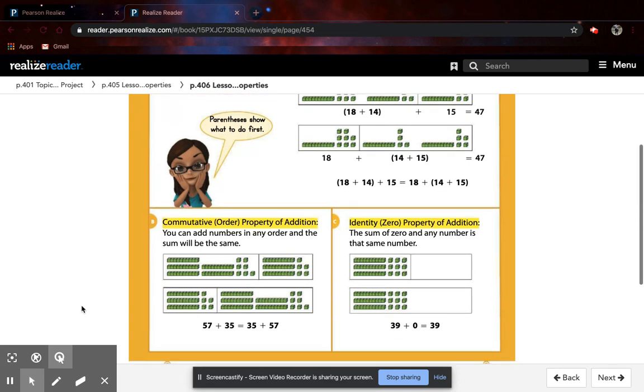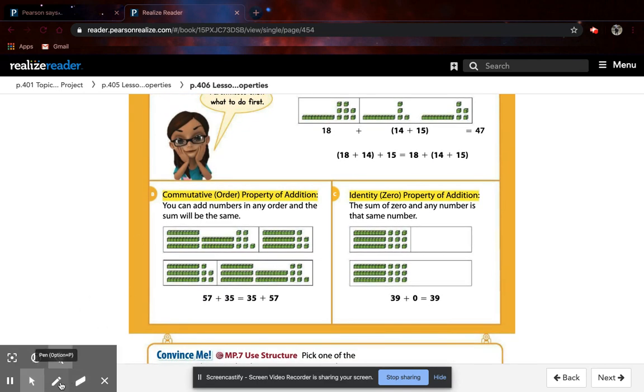Okay. And now the commutative, the order property of addition. So again, the order of the numbers, associative was which way we group them, doesn't affect the sum. It doesn't matter which one we add first or second, we're still getting the same sum. So if we were to add 57 plus 35, we're going to get the same sum as if we were to add 35 plus 57.